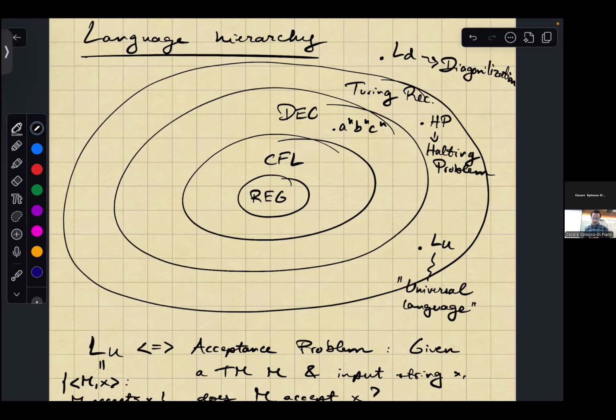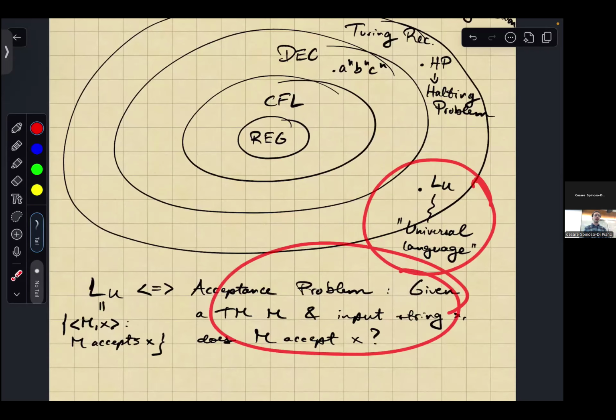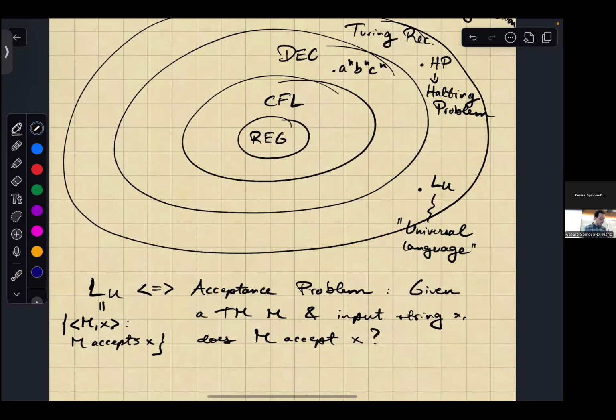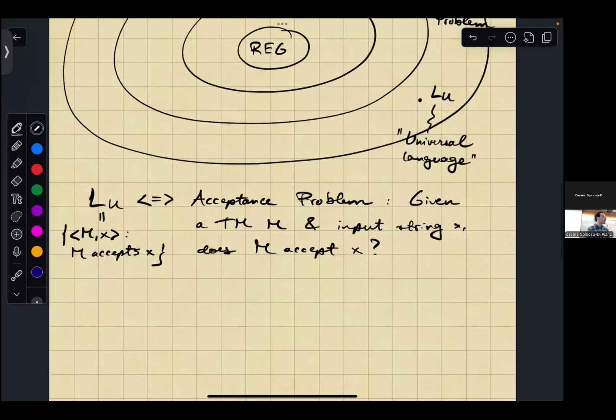And the reason I bring this up is because, to show that L sub U was an undecidable language, or that the acceptance problem was undecidable, what was done in one of the previous lectures was to give a reduction.